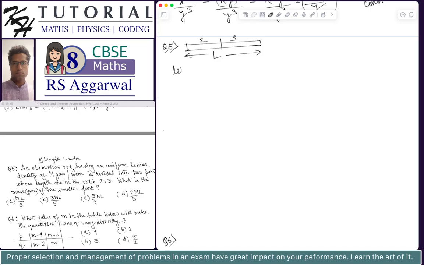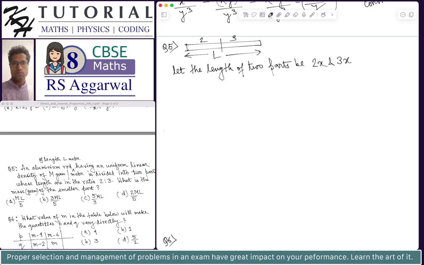So let the lengths of the two parts be 2x and 3x, which is based on the given ratio 2 is to 3.